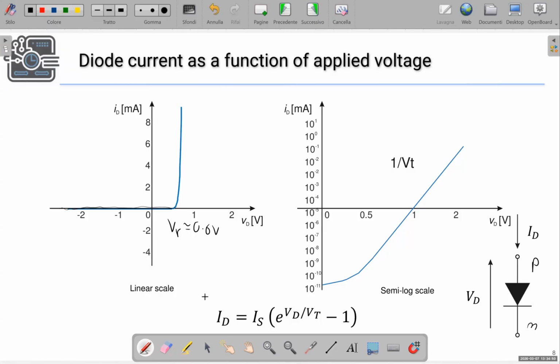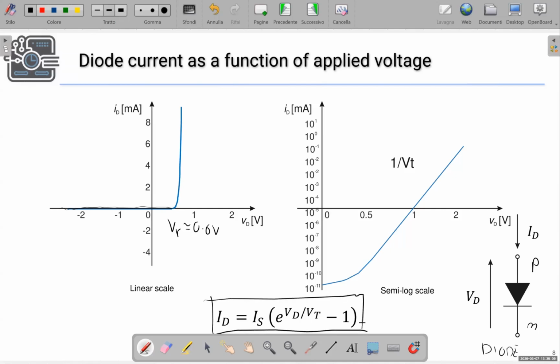Actually, the full relation between the applied voltage and the current flowing through this p-n junction, called a p-n diode, is given by this expression.